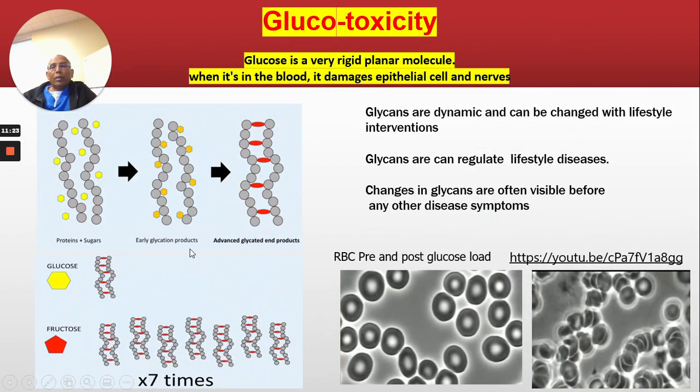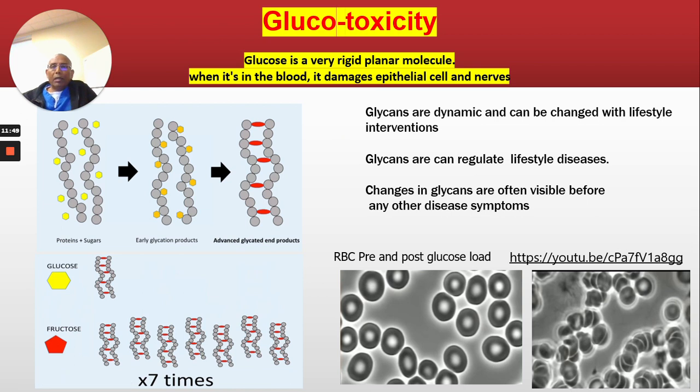Coming to glucotoxicity, why are we worried about diabetes? It is because of glucotoxicity. At any given time, blood has only 5 grams of glucose in it. And the more the blood carries sugar, because glucose is a rigid planar molecule, it damages the cells by causing glycation.